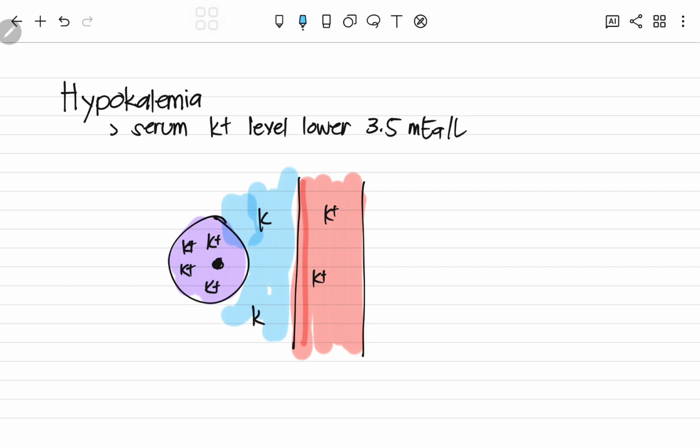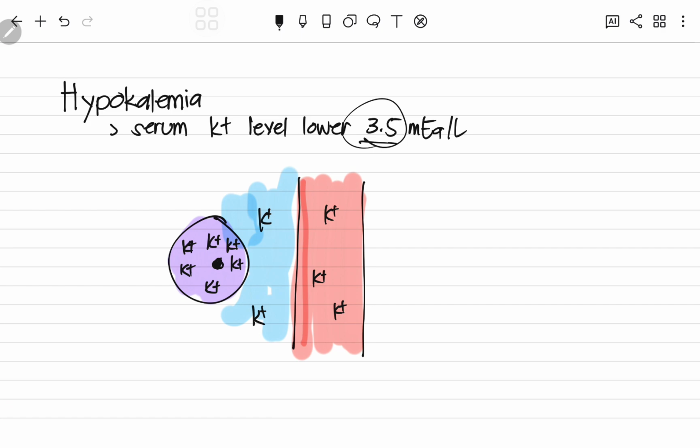Okay? So for this condition here, what happens to your potassium is that yung normal po na 3.5 to 5 milliequivalent per liter is hindi po normal at this time. So bumababa siya. Lower than 3.5.